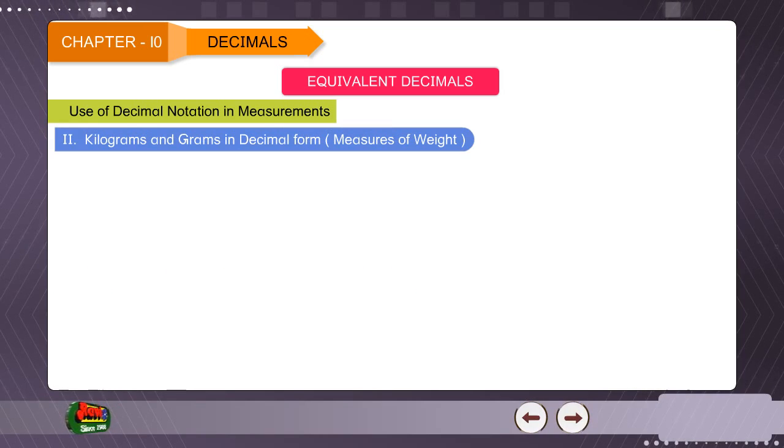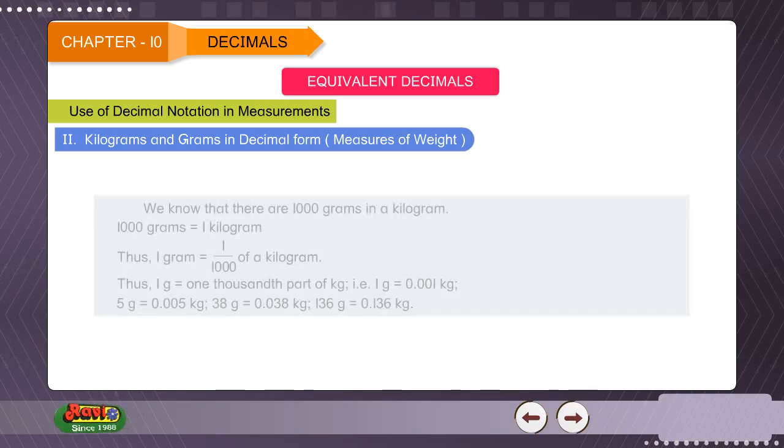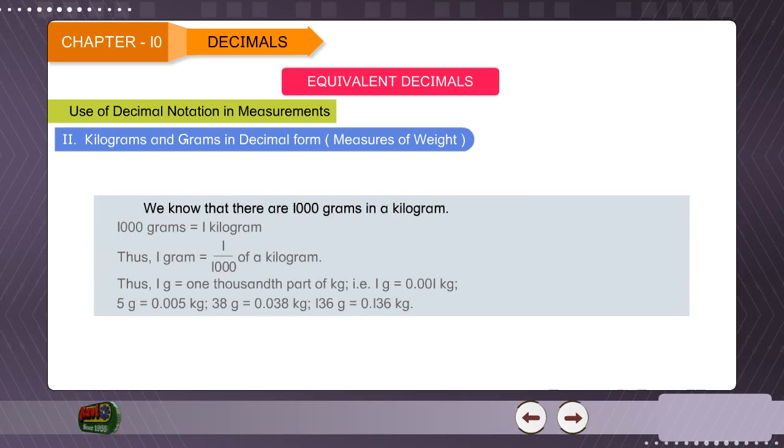2. Kilograms and grams in decimal form. Measures of weight. We know that there are 1000 grams in a kilogram.